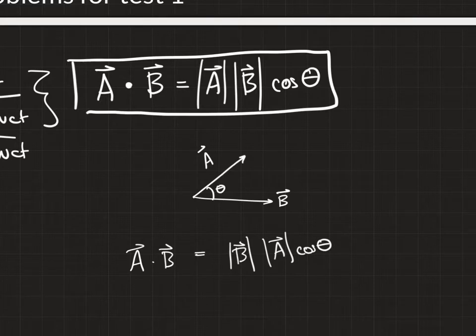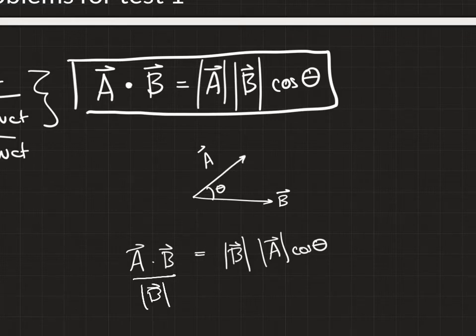I can't just steal one part of it. I want to bring this B over to the other side of the equation. So all I did was rearrange the B and the A, and then bring this B over to the other side of the equation. So what is this now?